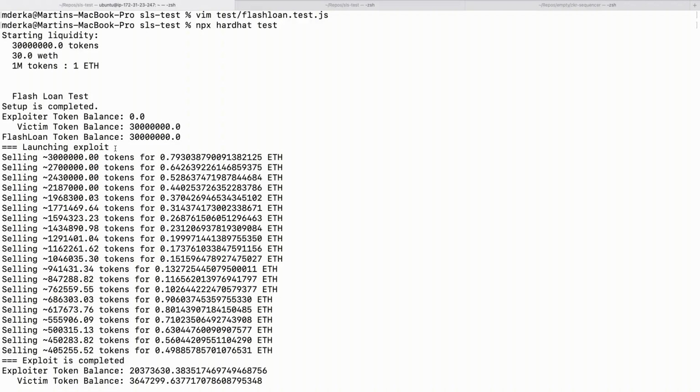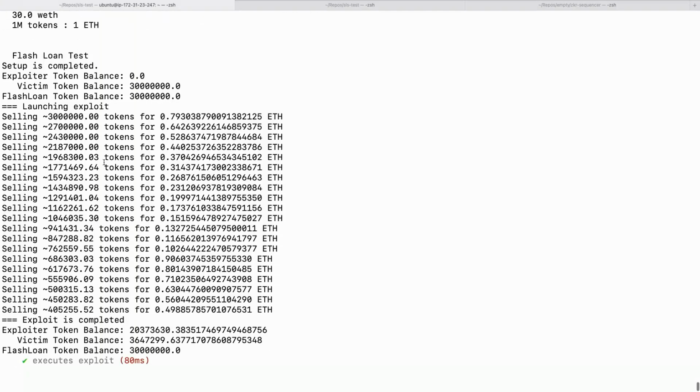And then the transaction that exploits the smart contract actually launches. I have instrumented my smart contracts with some log statements. So those are 20 logs that are being printed in those individual iterations when I am purchasing tokens from the victim. As I said, in the first iteration, we are purchasing 3 million tokens for roughly 0.79 ETH.